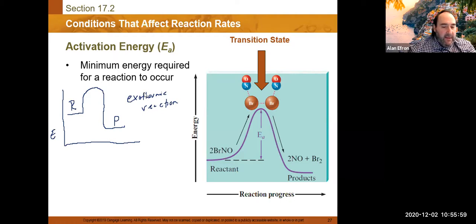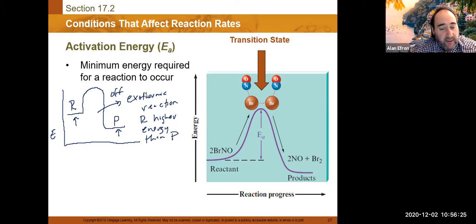That is very easily recognized by the location of the reactants and the products. Here we see that the reactants are higher in energy than the products. That means in order for our reactants to get down to our products, energy has to be given off, right? That's an exothermic diagram. So if you see a diagram where your reactants are higher in energy than your products, that is definitely going to be an exothermic one.